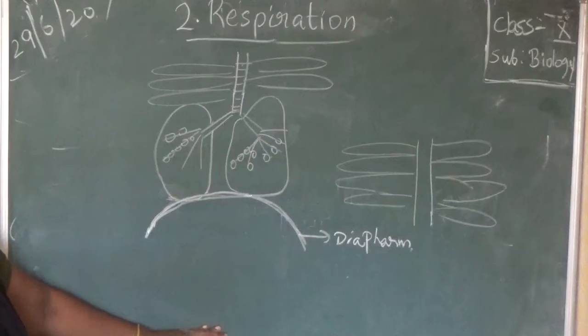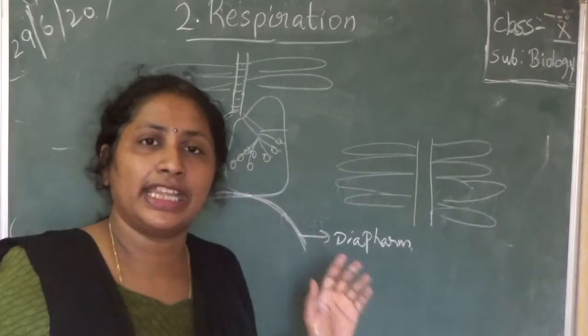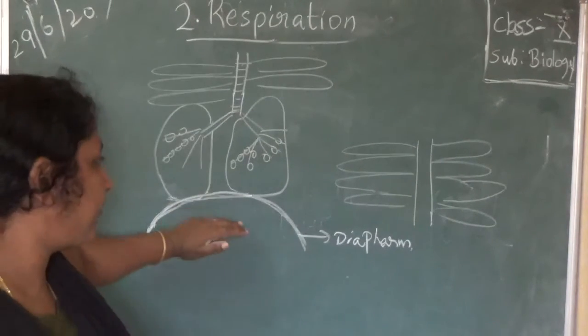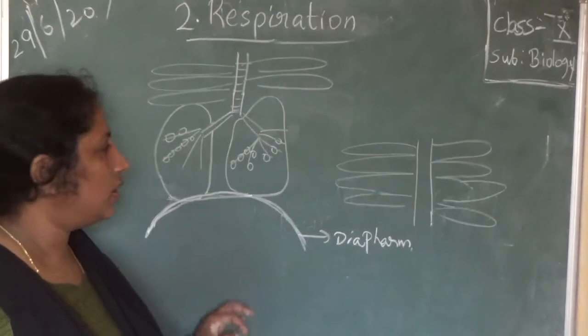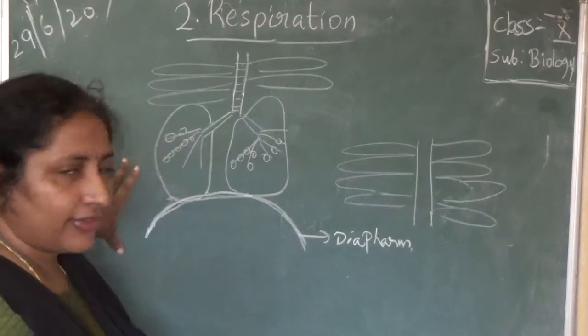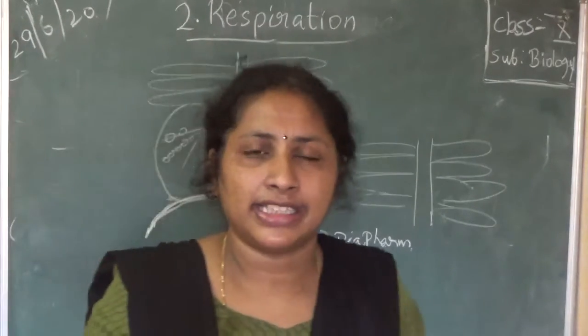Below the diaphragm we have our digestive parts like the stomach, pancreas and intestine. Above the diaphragm all the respiratory parts are situated.